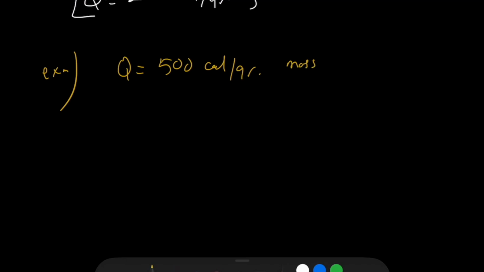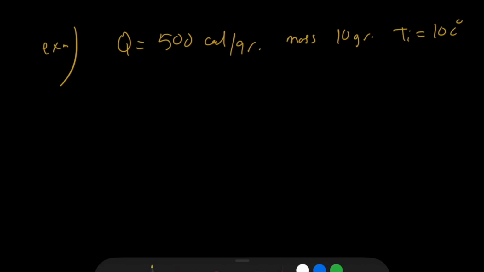Mass of the water is 10, and we know the T initial is 10 Celsius. Okay, let's read the question again. If 500 joules of heat is given to 10 gram of water, which initial temperature is 10, find the final temperature. C water is 1 calorie per gram.